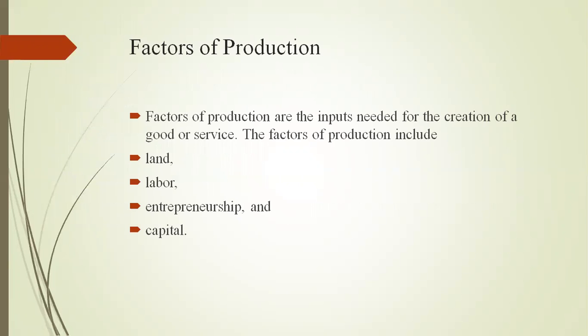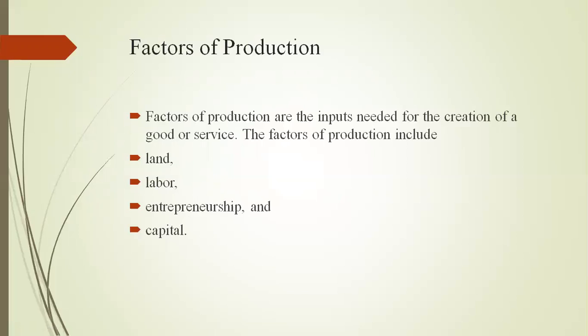Next, a very, very important topic from the examination point of view. What are the factors of production? So factors of production are the inputs which are needed to create a good or service. So basically in economics, we discuss four factors of production: land, labor, entrepreneurship, and capital.